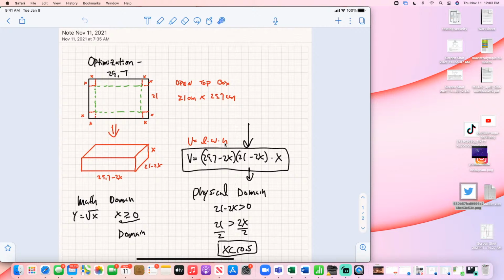I told students, if you take chemistry, you should learn something called limiting reagent. Do you remember what limiting reagent means? Let's say you have HCl plus NaOH.